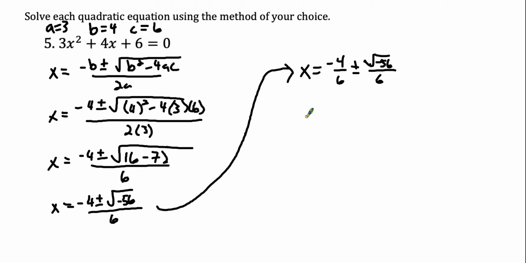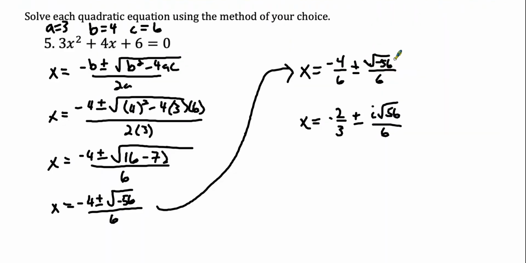Now, the reason that I want to do this is I want to see if I can reduce this fraction. -4 over 6 does reduce to -2/3. Now, over here, I cannot reduce this fraction because the 56 is inside of the square root and the 6 is outside. But what I can do is, since I have a negative inside of the square root, I need to pull that out as an i.